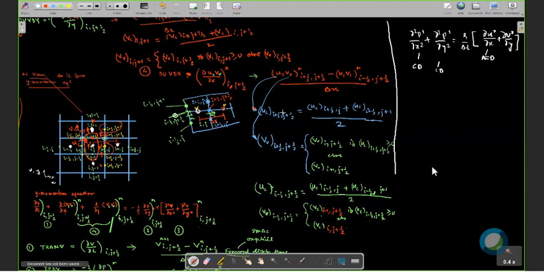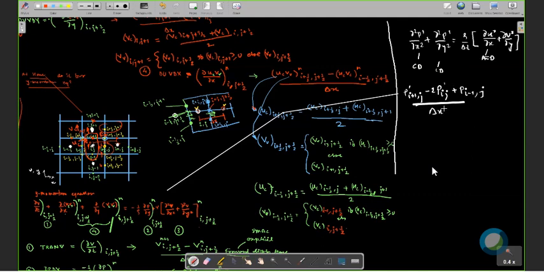The p prime in the x direction can be written as p prime i plus 1, j minus 2 p prime ij plus p prime i minus 1, j, over delta x square, plus p prime i, j plus 1 minus p prime ij plus p prime i, j minus 1, divided by delta y square. All these are at n plus 1.